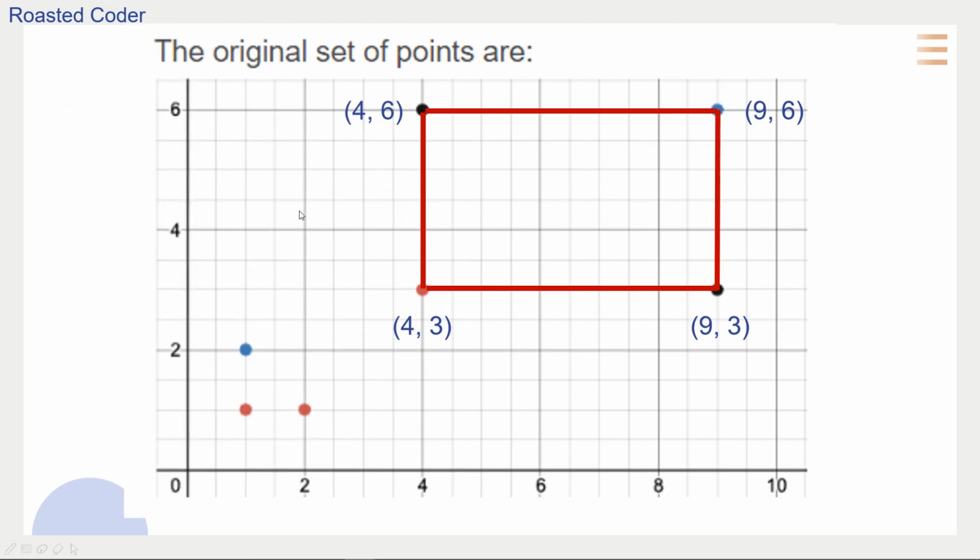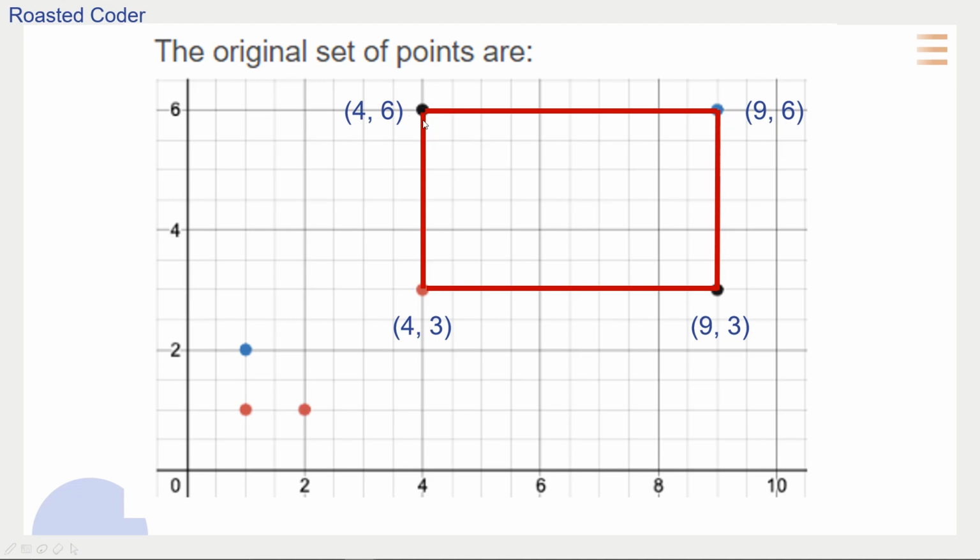So now let's take this rectangle as our example. You can see these 4 points are vertices of the rectangle, that is 4, 3, 9, 3, 9, 6 and 4, 6. Since all the sides are parallel to the coordinate axes, you can take any 2 adjacent points.